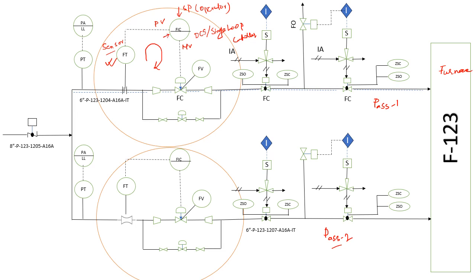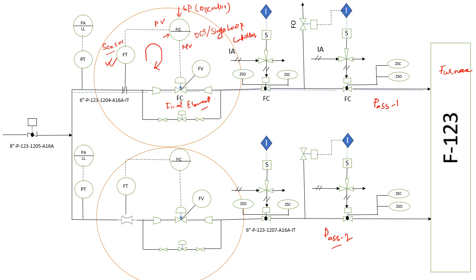And then it goes to your final element. So this is basically your final element, right? So what are the basic three components of a closed loop control system? Sensor or transmitter, controller, and the final control element. So this is how a closed loop is basically formed and depicted in the P&ID.